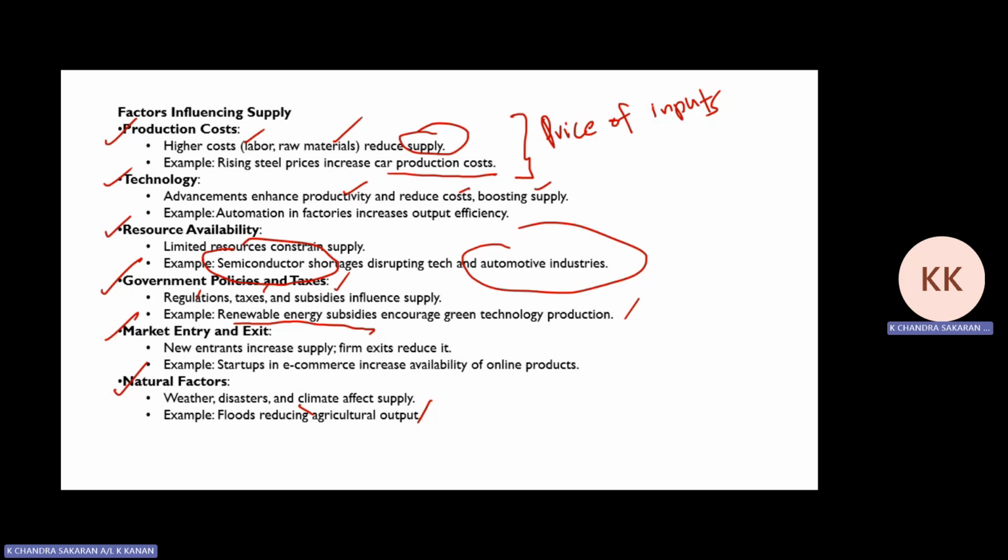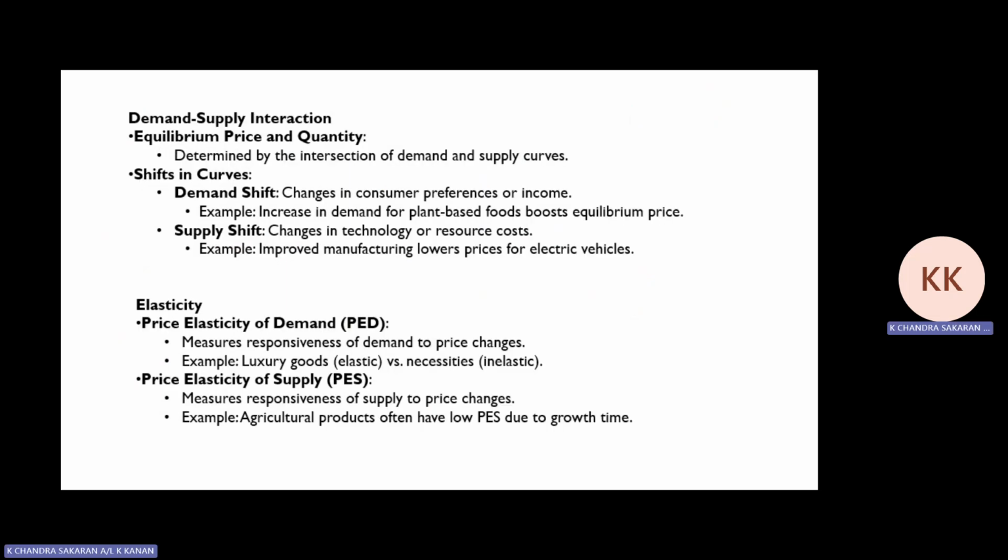Okay, next. Demand and supply. That means this is the market interaction, how the price is set. So when we talk about demand and supply, the interaction between the demand and supply is how the price and the quantity will be set, correct? You studied this in chapter 4, how the demand and supply of a good determine the price and the quantity. Remember, this is what we mean by market interaction.